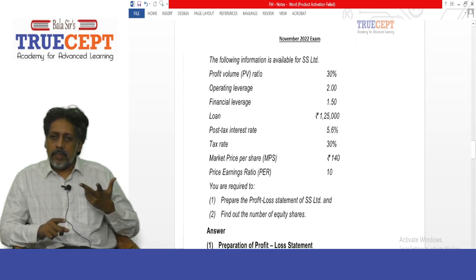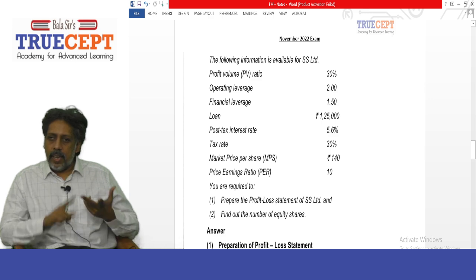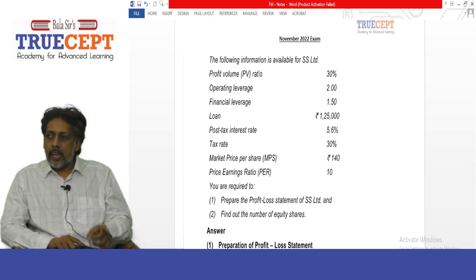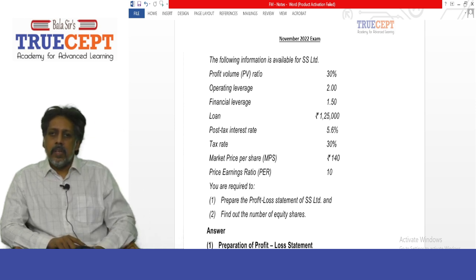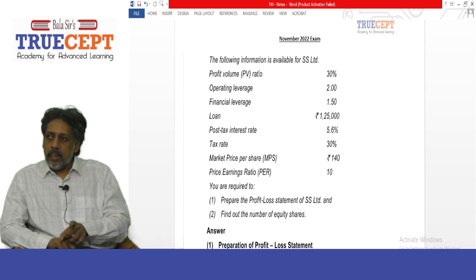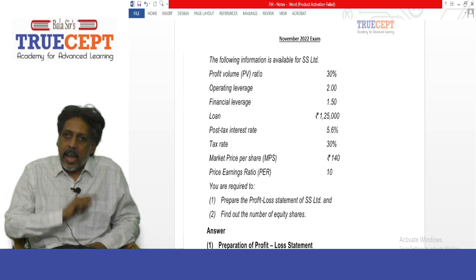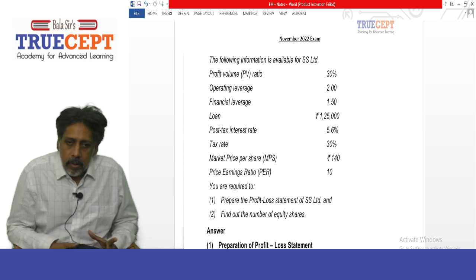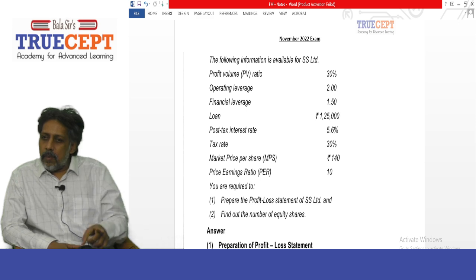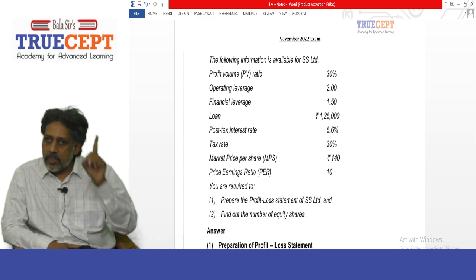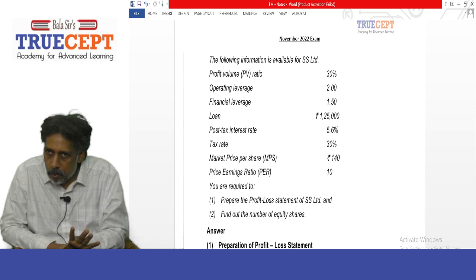Now guys, you are supposed to underscore or highlight that it is given post-tax interest rate is 5.6%. That means this is the interest rate after minusing the tax saving. Whenever you pay interest on loan, it is allowed as a deduction for taxation purpose. Yes or no? Yes.